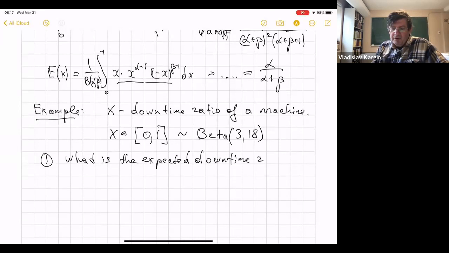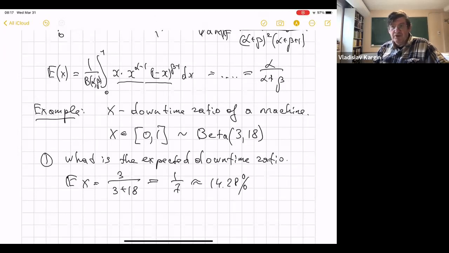This is easy: the expectation of x is equal to alpha divided by alpha plus beta, so 3 divided by 3 plus 18. That is equal to 1/7, which is approximately 14.28%. This is just simply from the formula.